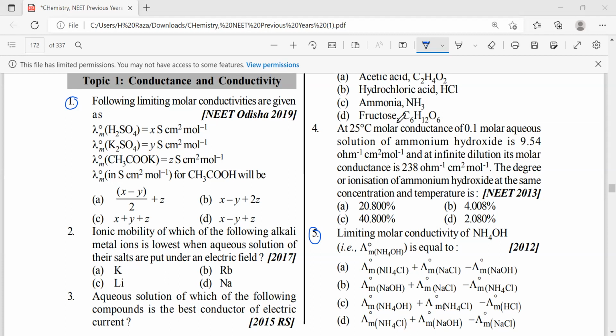Is the answer D, NH4Cl? Yes, it will be. Very good, Sneha.